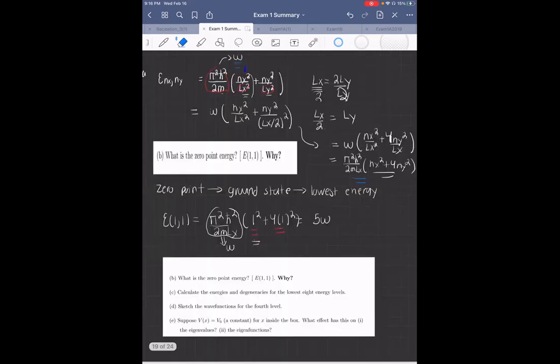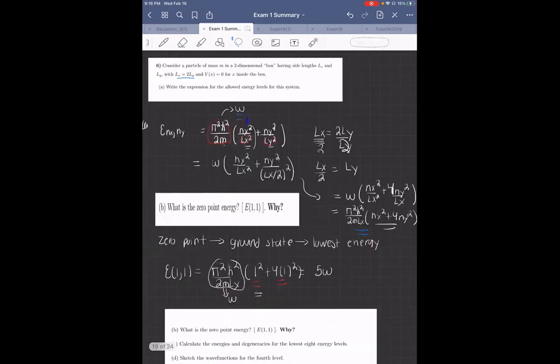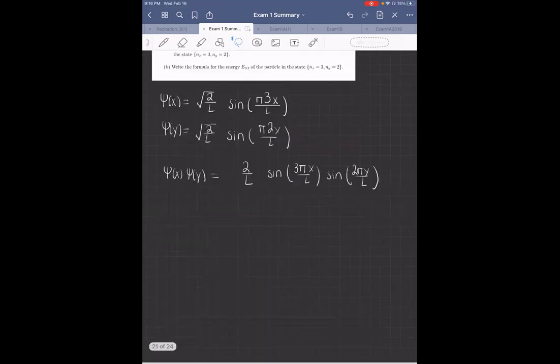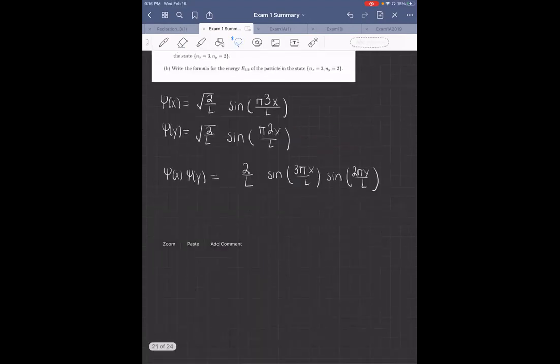Yeah, it's perfectly fine. Based on this equation here, you have 2 directions, and Lx and Ly are both equal to each other. So you just plug in.